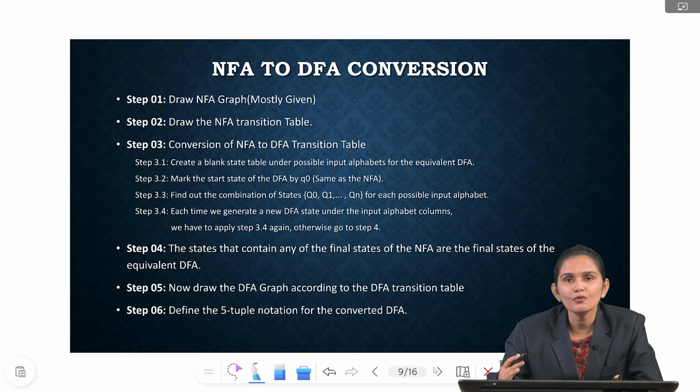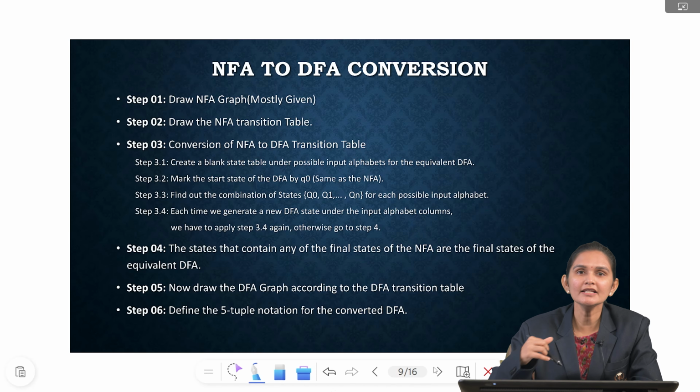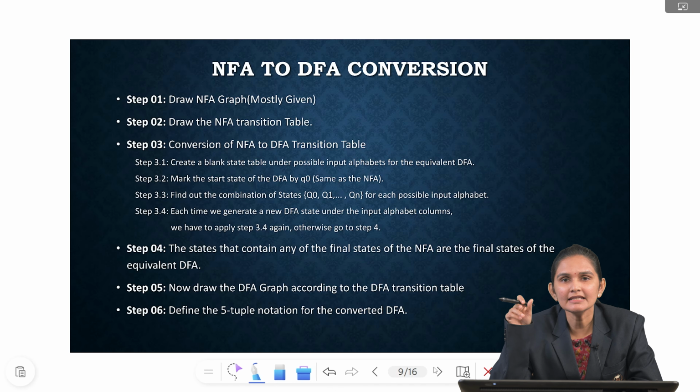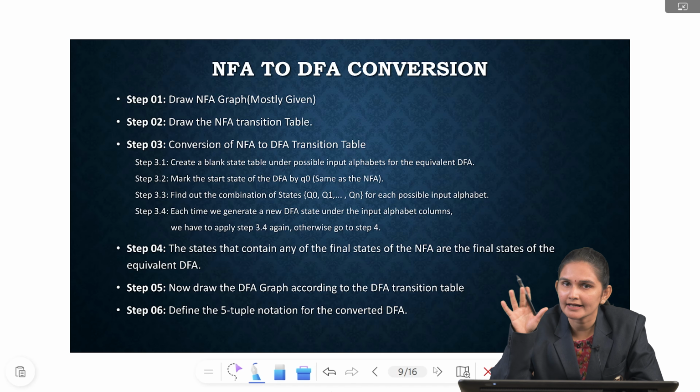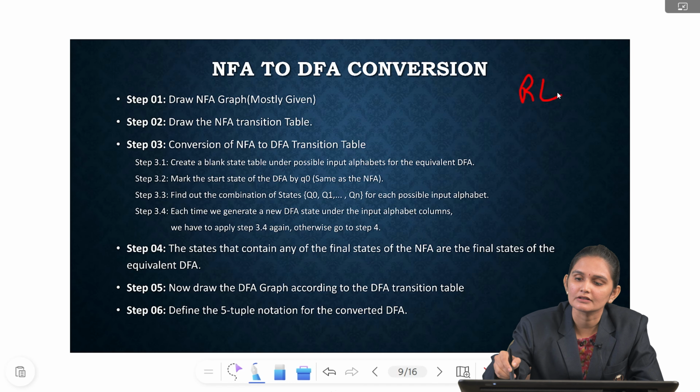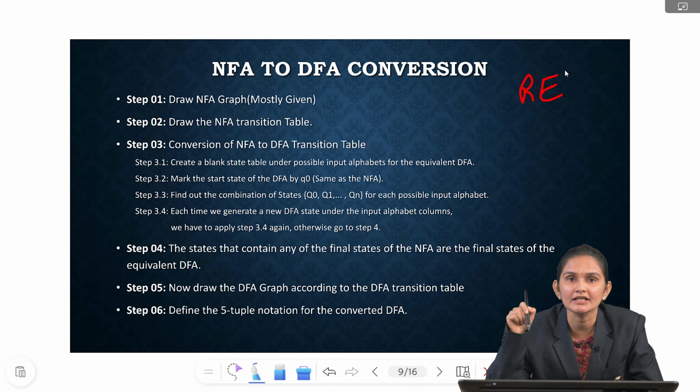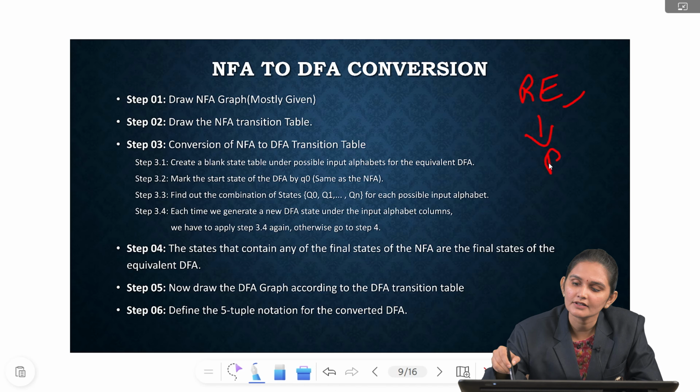So how are we going to convert NFA to DFA? Why do we need to convert NFA to DFA? First, the computer or the abstract machine, finite automata, will take it as regular expressions. Like your email validations, password setting and all, it will take it as a regular expression. Regular expression will then be converted into regular language.